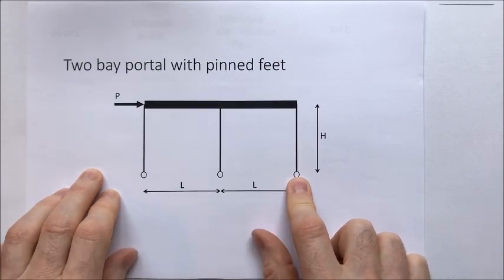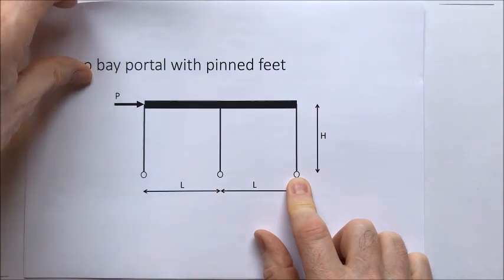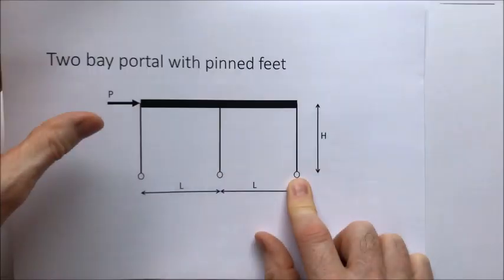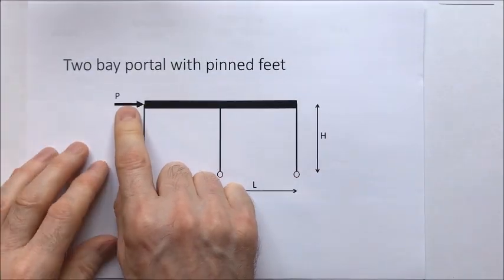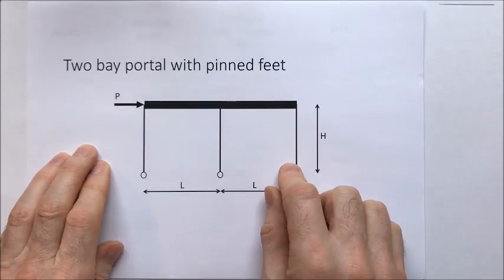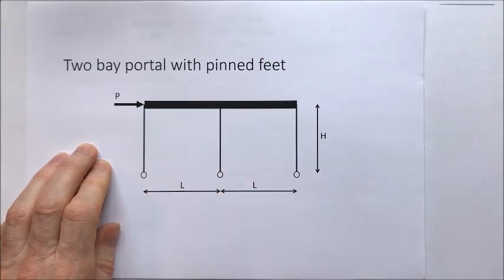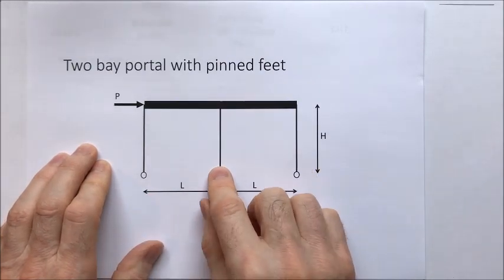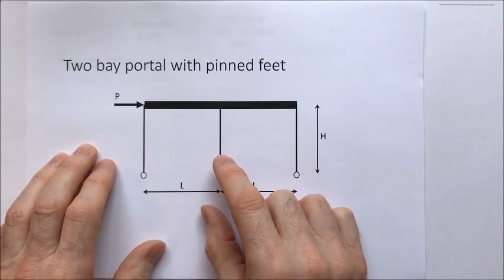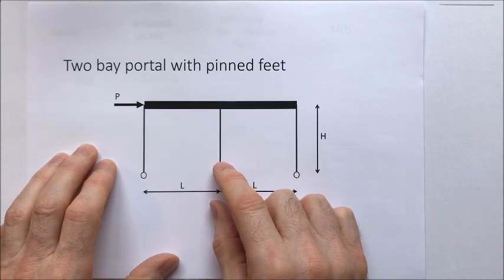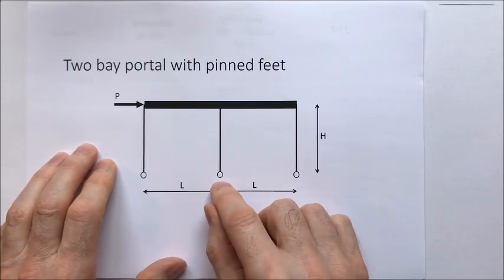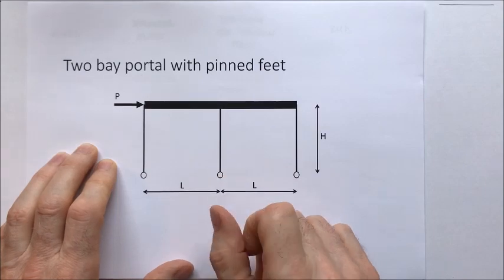The way that we decide that is we consider the stiffness of each of these vertical members, because moments are attracted to stiffness, and the stiffer a member is in a frame, the more bending moment will be attracted to it, and so almost certainly the greater the reaction will be.